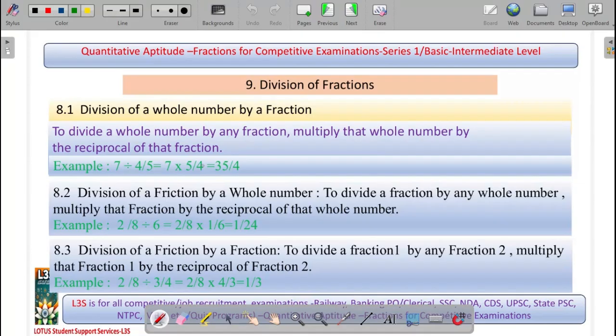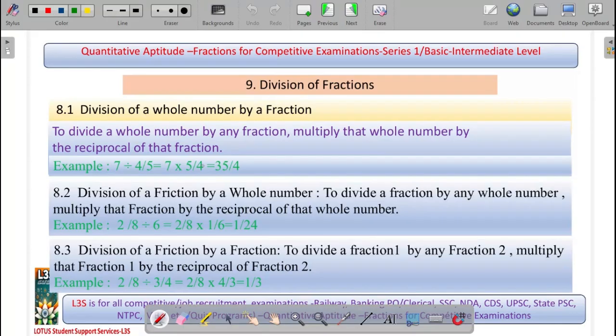So here, whole number 7 divided by fraction 4 by 5. So we have to take the reciprocal of the fraction. We can write 7 into 5 by 4. So now 7 into 5 by 4, that means 35 by 4.